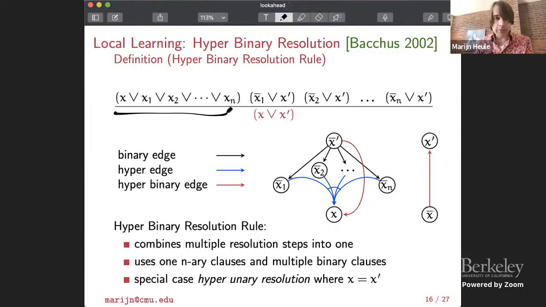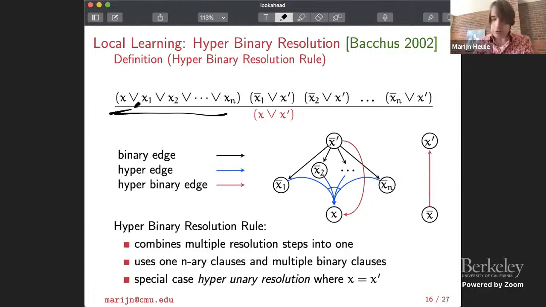If you look at what happens with unit propagation, if we make x prime false, then the unit clauses all propagate x1 to false, x2 to false, xn to false. Afterwards, the long clause becomes unit because all the literals x1 to xn become false, which forces x to be true. So if we have this situation, then we observe that not x prime implies x. And this happens by unit propagation.